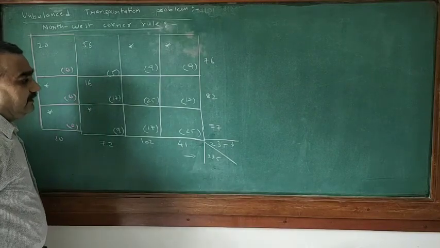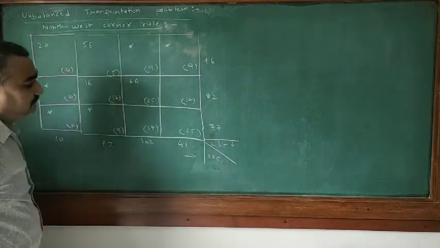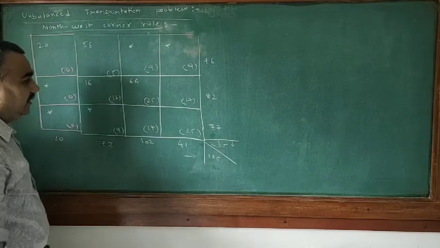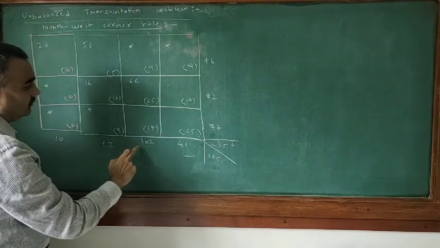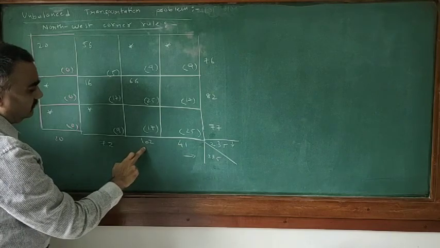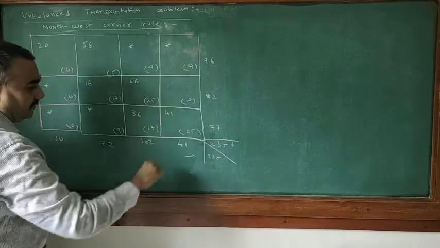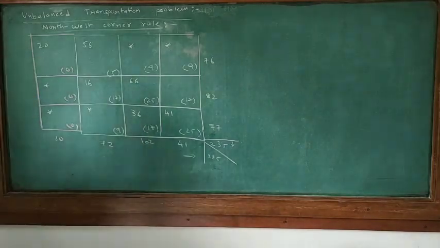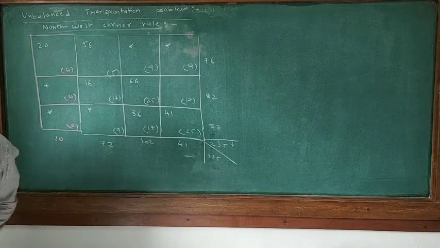Subtract 16, means 66. Then how much? 102 means 4, 36 and 41. Now calculate all these things and you will find that there is a solution for this one.